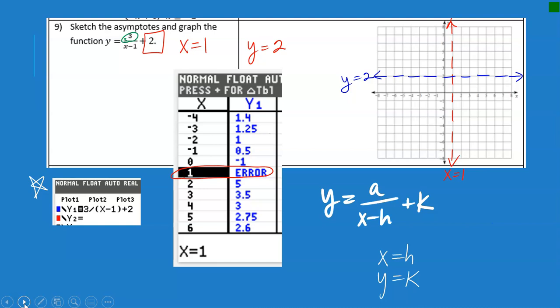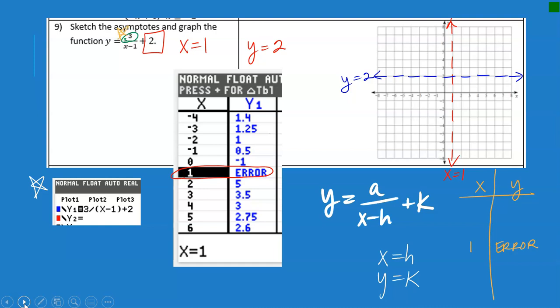So I'm going to write it down here in the bottom right hand corner, what you would need to have written out by hand. And really all you're doing is copying down, but just so that you're clear on exactly what is expected. So here is the error, and that's our vertical asymptote. And then I want 3 numbers above and 3 numbers below because the a value was 3.